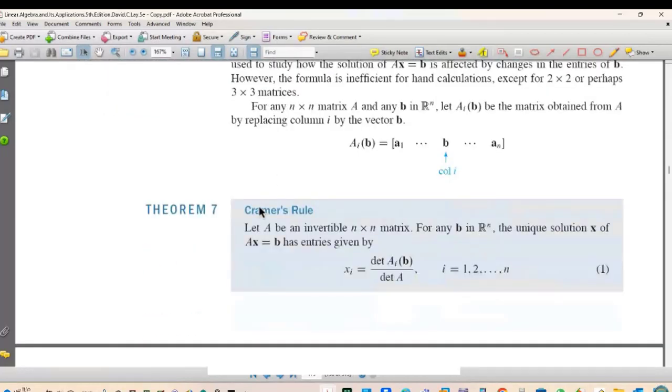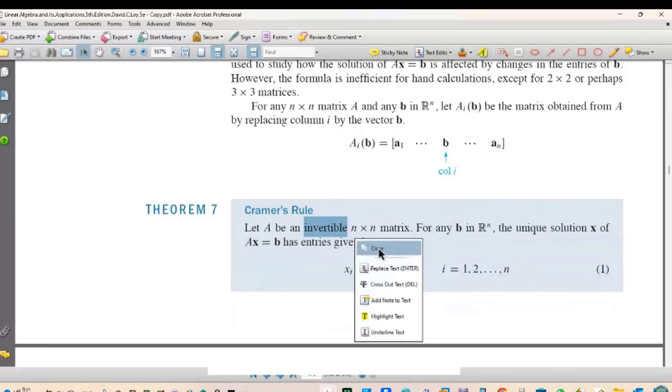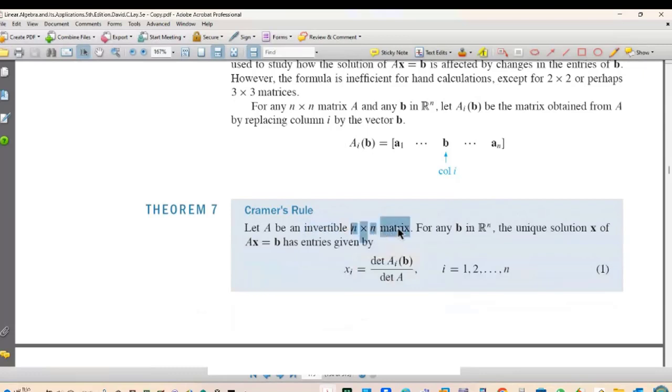What is the Cramer rule? If A is invertible, that means the determinant is not equal to 0, and it is an n by n matrix, so it's a square matrix.